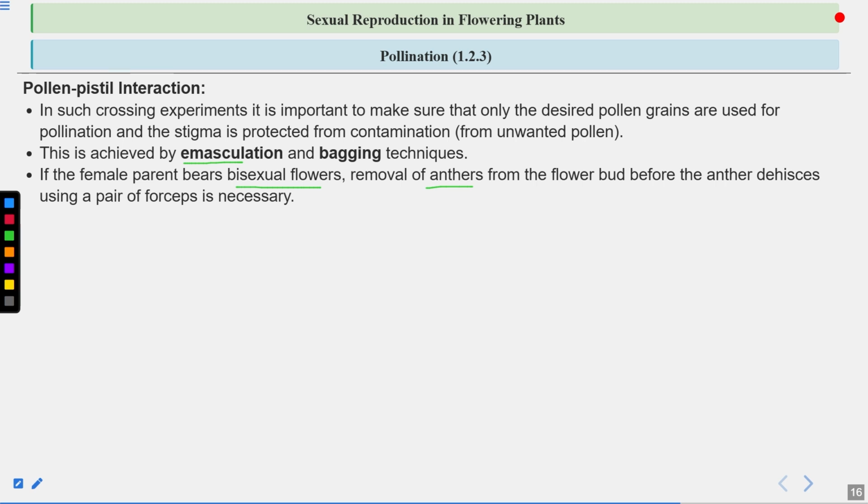The bagging means covering the stigma so that you can put the desired pollen on the stigma. Otherwise, pollen grains from outside can come on the stigma and this whole experiment will be of no use. So this step is referred to as emasculation.